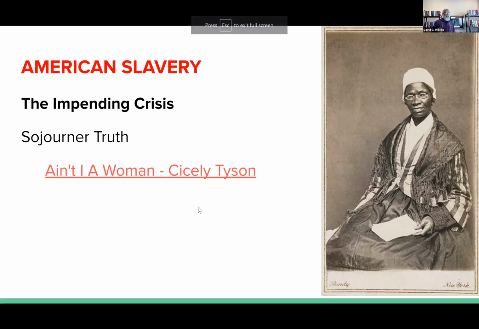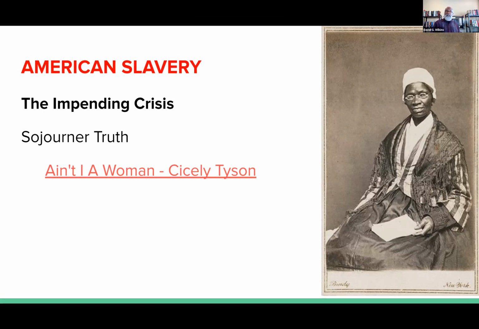Sojourner Truth. Abraham Lincoln referred to her as Sojourner Truth. Perhaps the best known woman abolitionist of the era, she happened to be a formerly enslaved woman, self-educated, but a powerful voice for Black freedom and for women's suffrage.